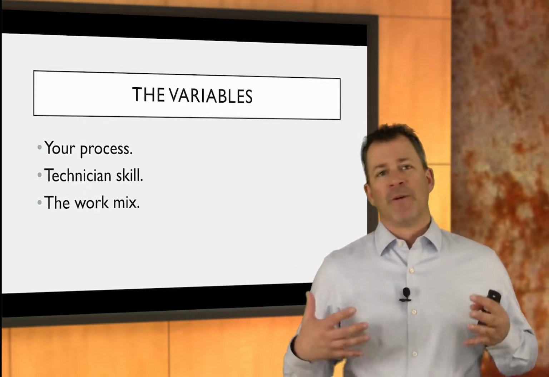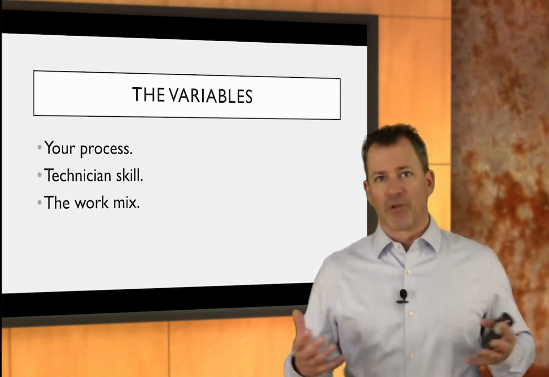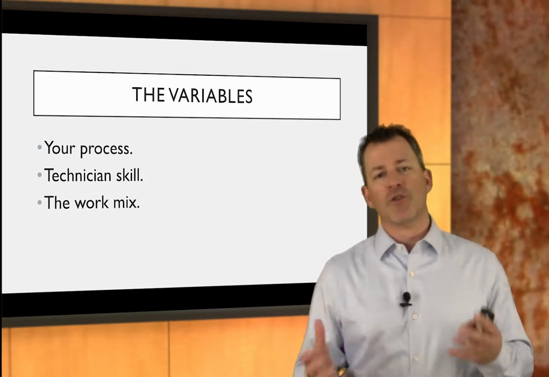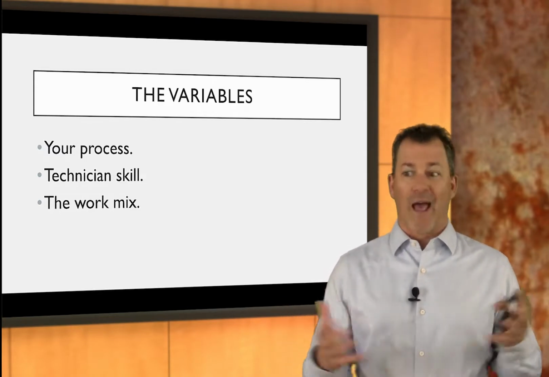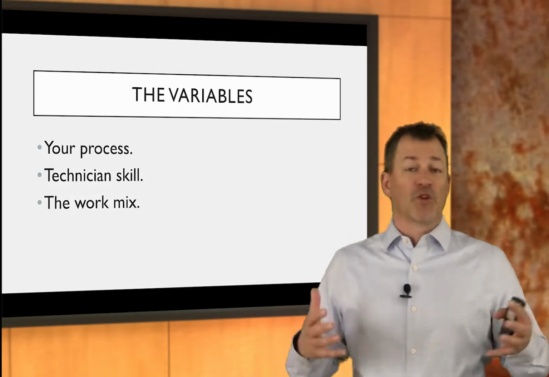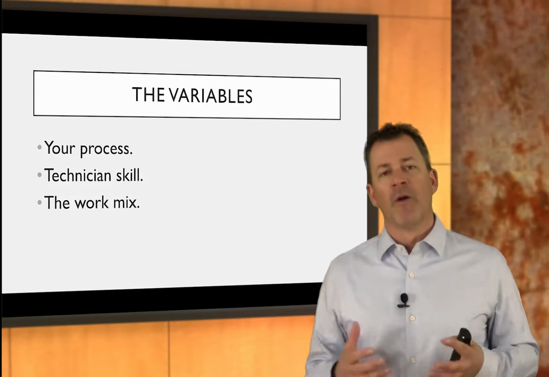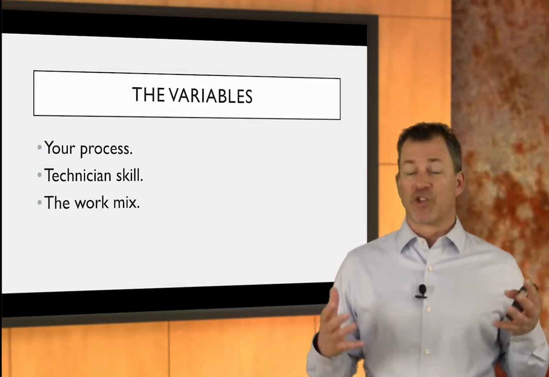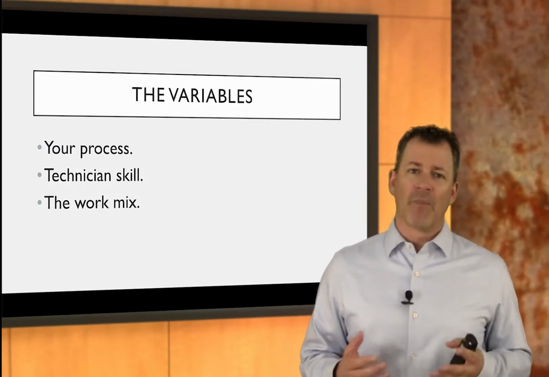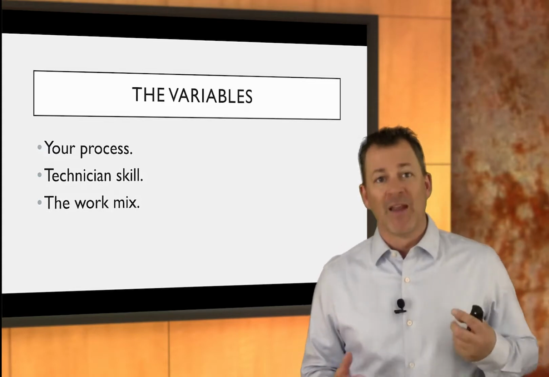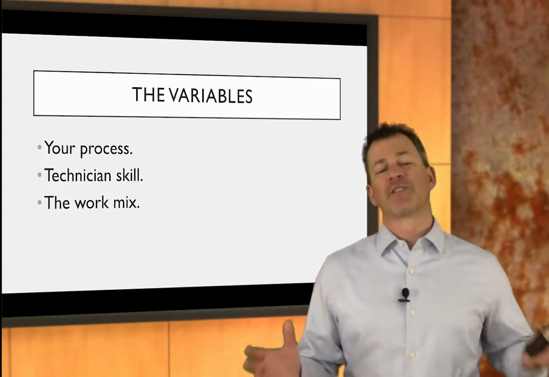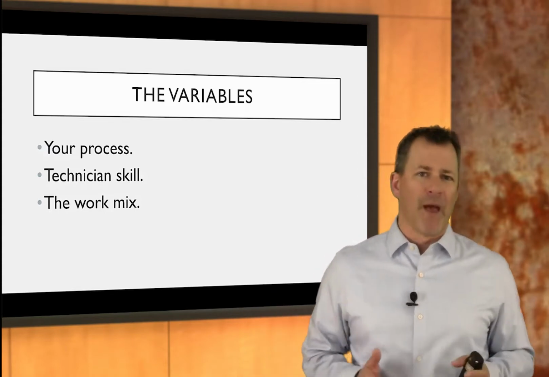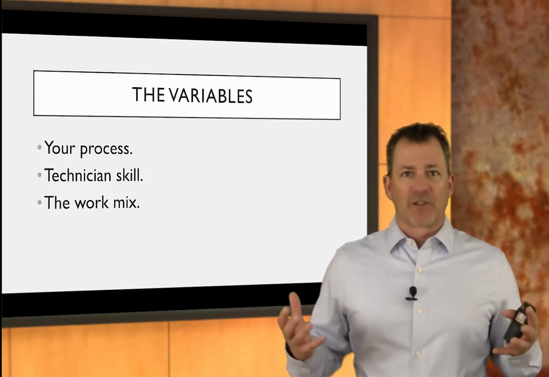With dispatch, there are a ton of variables, right? There's the process that you're going to use within your shop and at the service counter, and even the individual process that you as a human might go through. There's the technician skill sets that you have available to give these jobs to, because every technician in your shop is going to have a different skill set, and they should have a different skill set. I'll mention more on that in a little bit. And then there's the work mix.